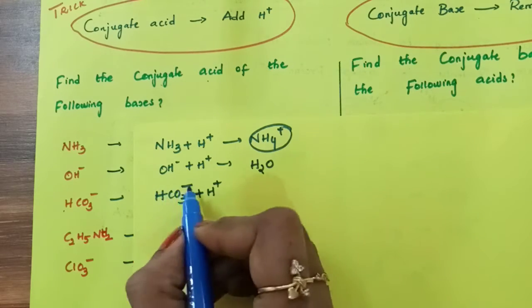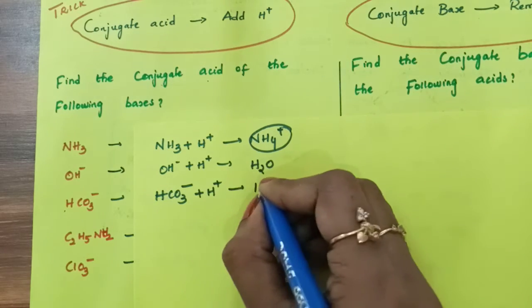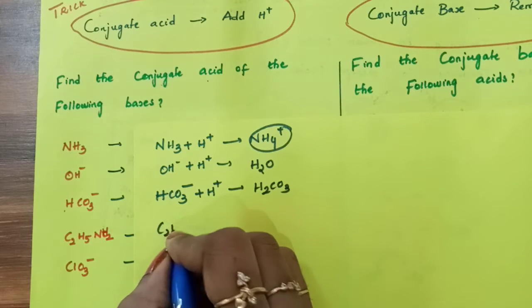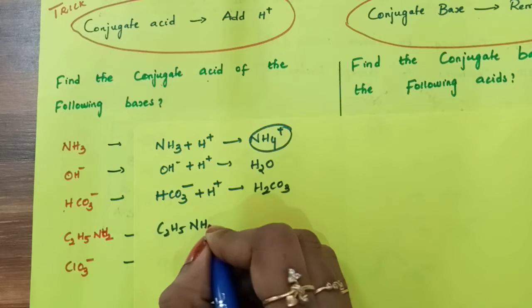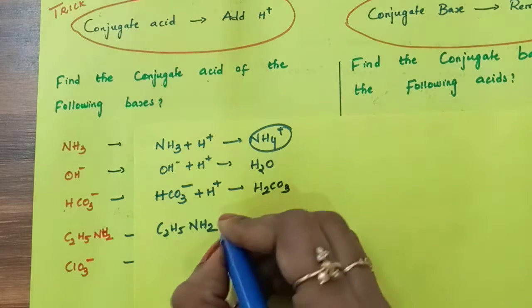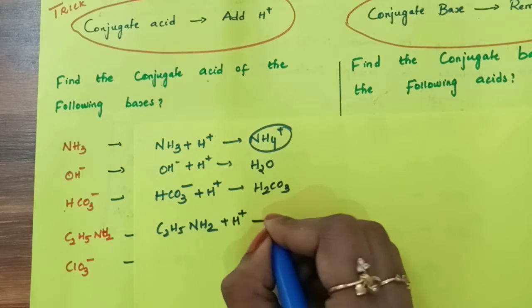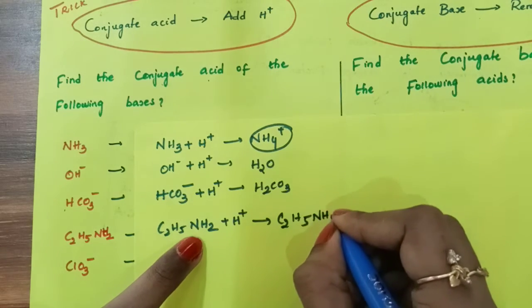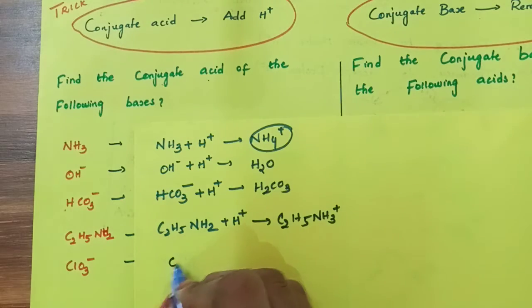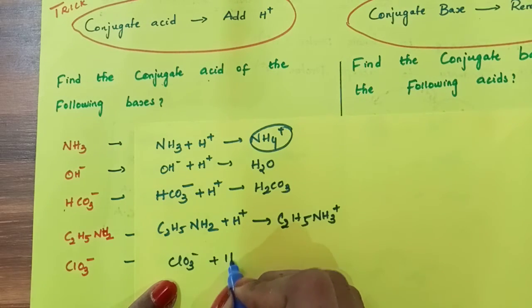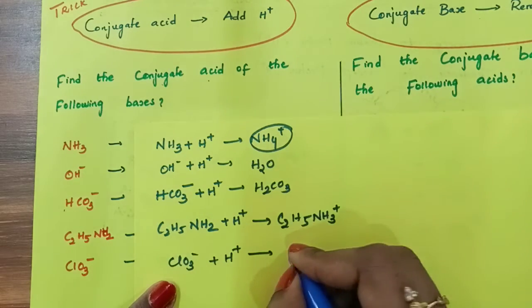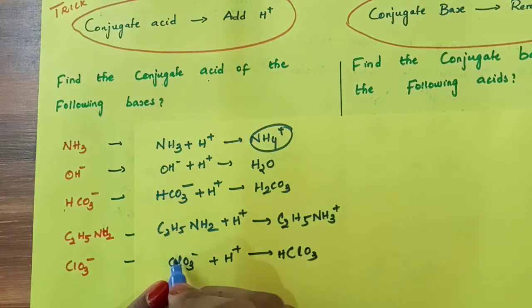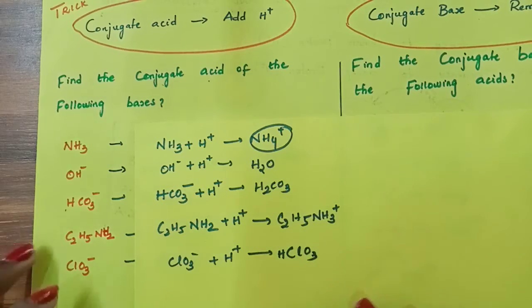Adding H plus ion to the base C2H5NH2 gives C2H5NH3 plus. ClO3 minus plus H plus gives HClO3, so plus and minus cancel each other.